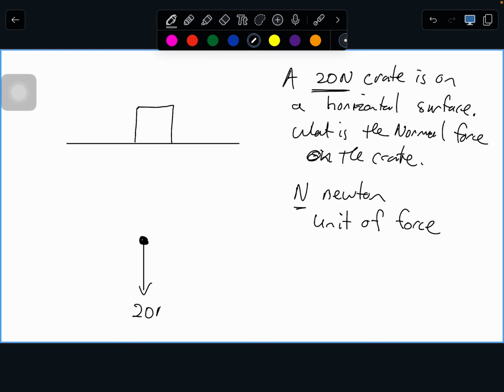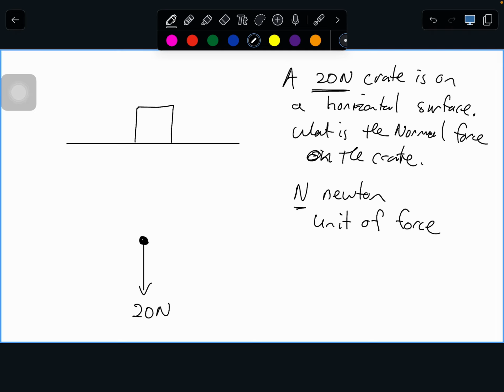So that's 20 newtons. Now, since it's equilibrium, the sum of the forces acting on it must be indicated with arrows. And if I put them tip to tail, they must start in the same spot that they end.